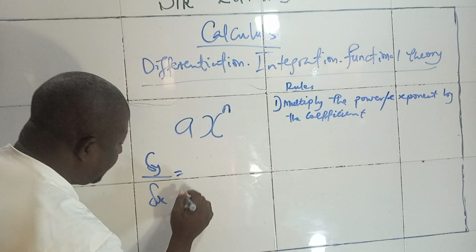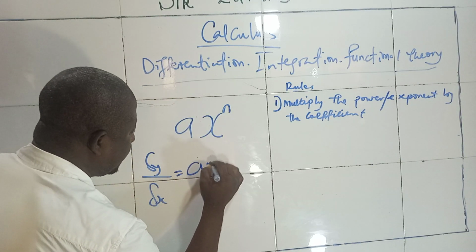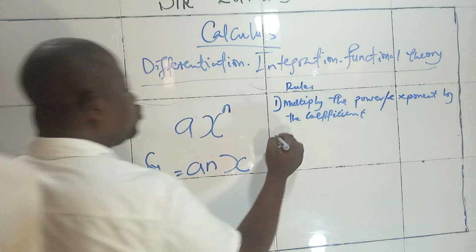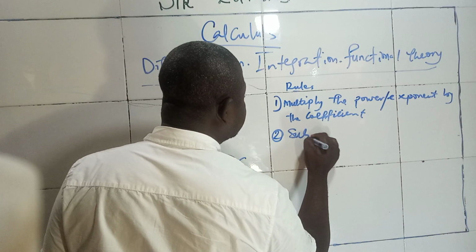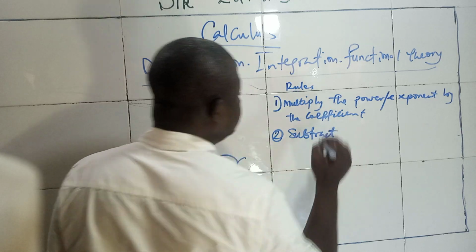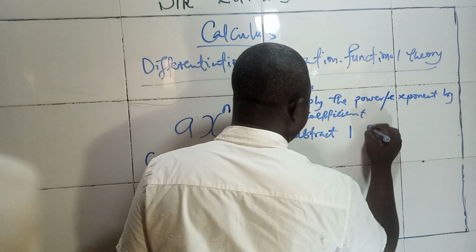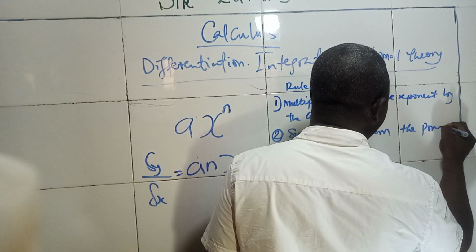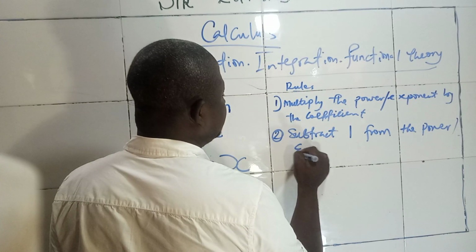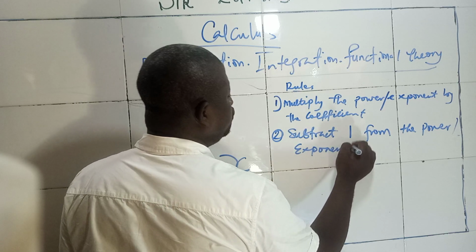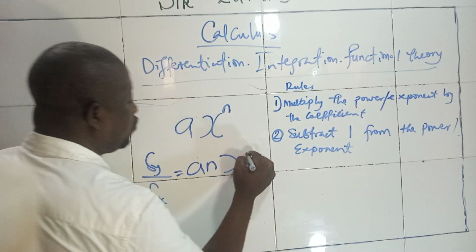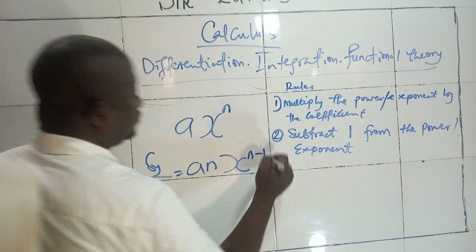That would be a n x. Rule 2. Subtract 1 from the power. From the power, if you don't want to call it power, you call it exponent. Once you do that, you have done the derivative. So meaning that this one will now be n subtract 1.